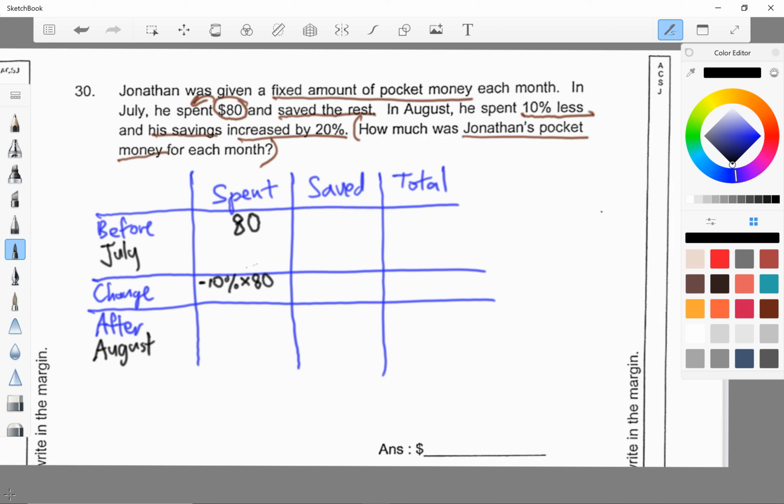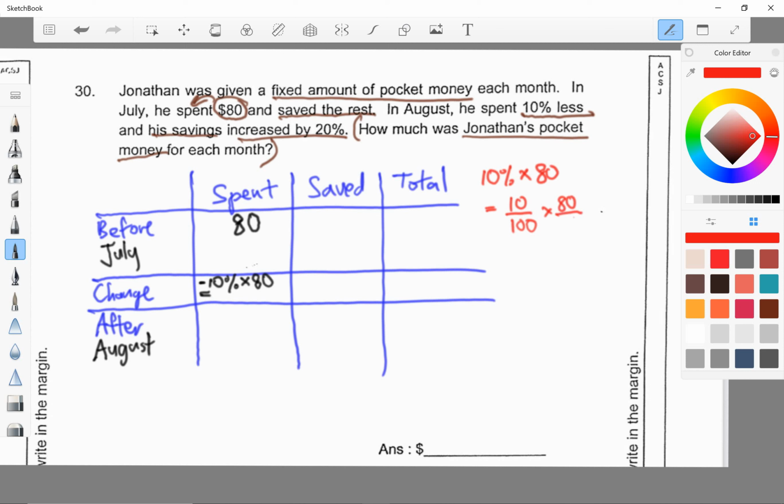So what is 10% of 80? If I were to work this out on the right side, let me use red color so it's clear for everyone. So 10% times 80 will basically be 10 out of 100 times 80.